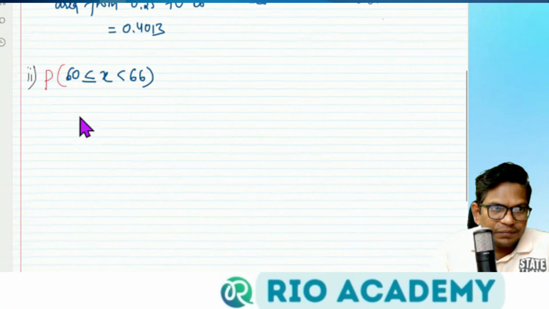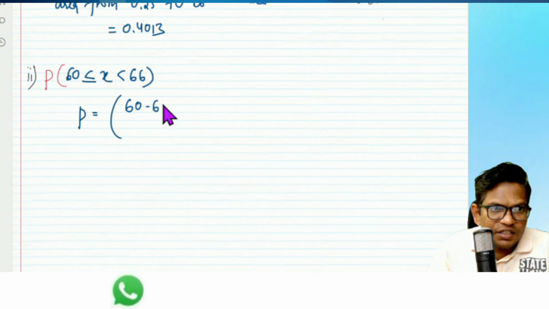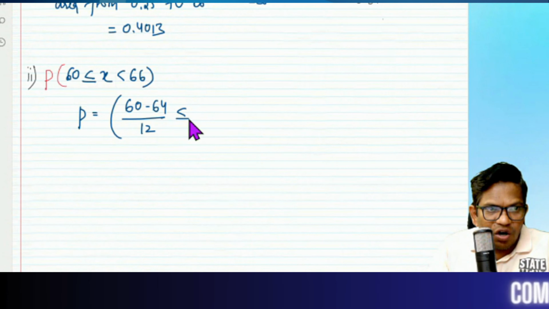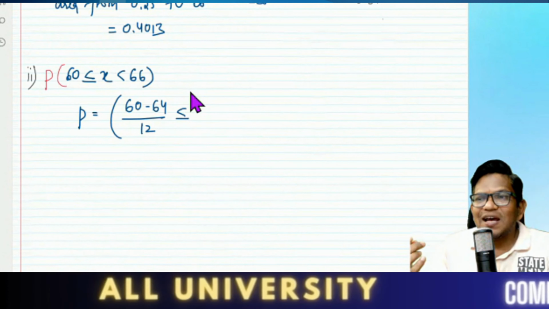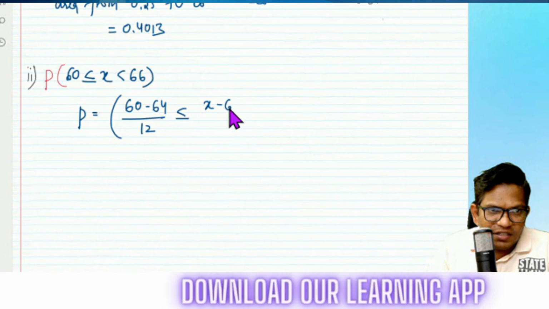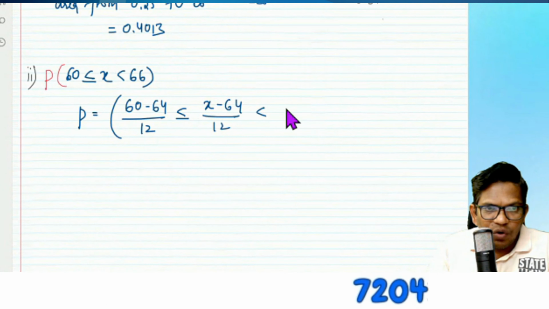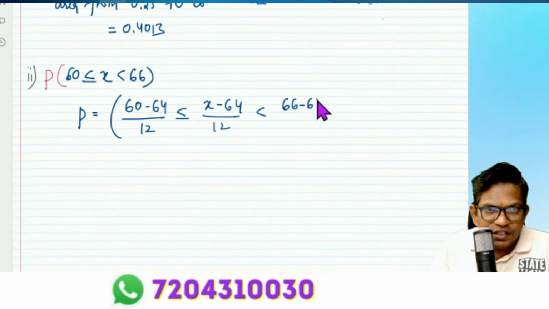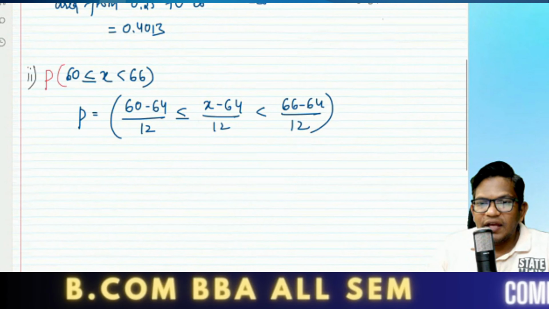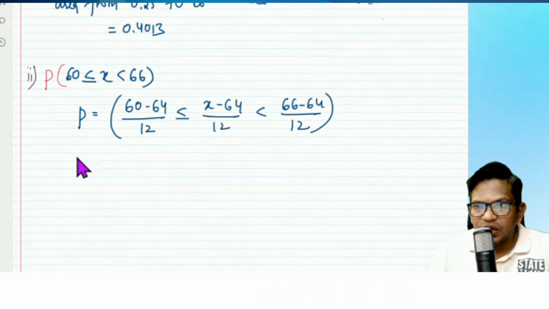P of 60 minus 64 divided by 12 less than or equal to x. Assume that it's z only. But for the sake of formality, x minus 64 divided by 12 and less than 66 minus 64 divided by 12. Any doubt, my dear student?